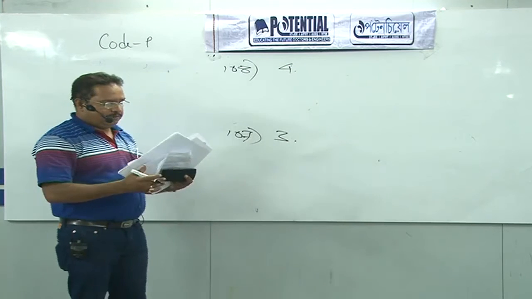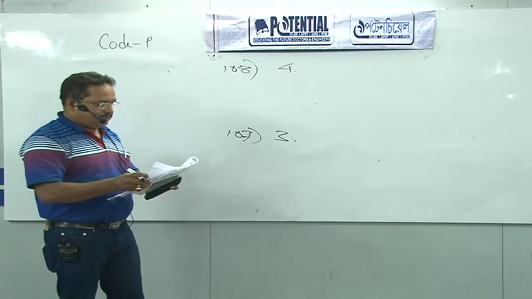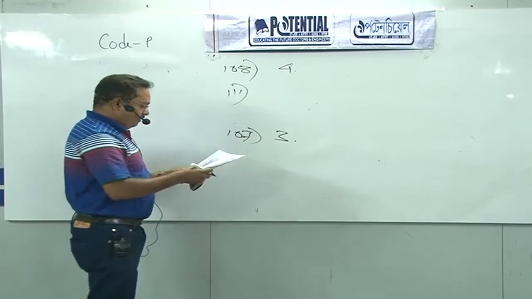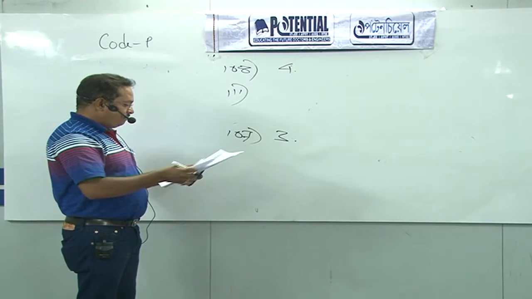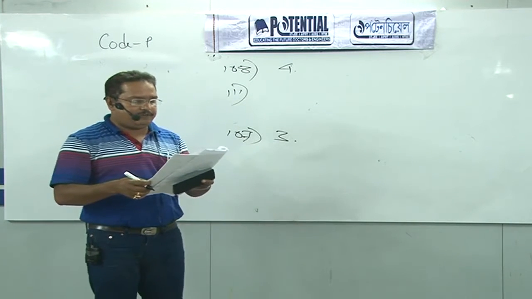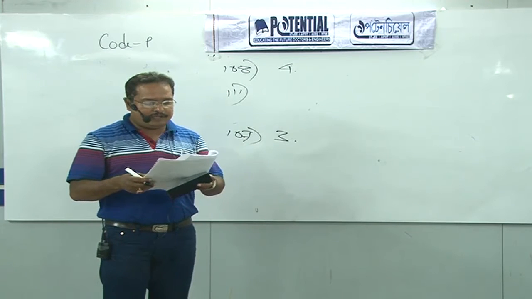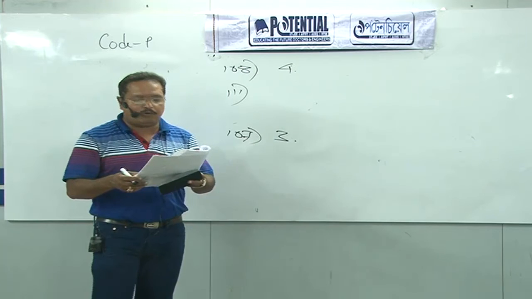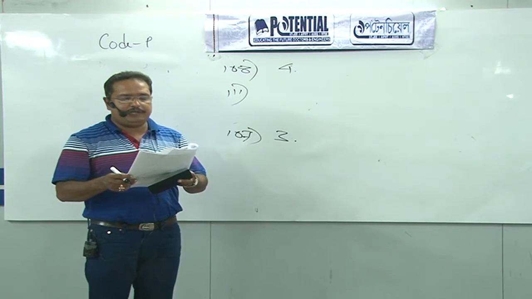The next question number is 111. Fertilization in humans is practically feasible only if... Fertilization, we know, is the fusion of male gamete and female gamete, and in humans it occurs in our fallopian tube, especially in the ampulla part.